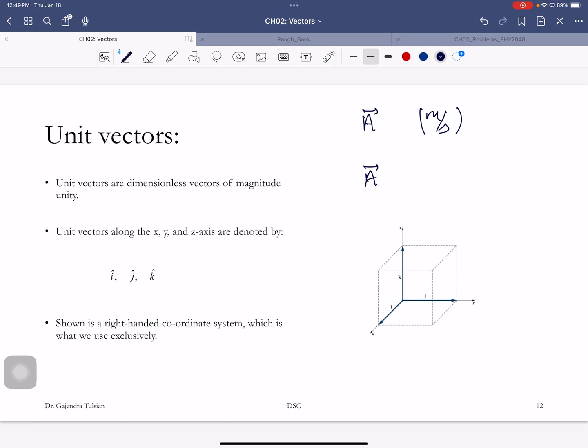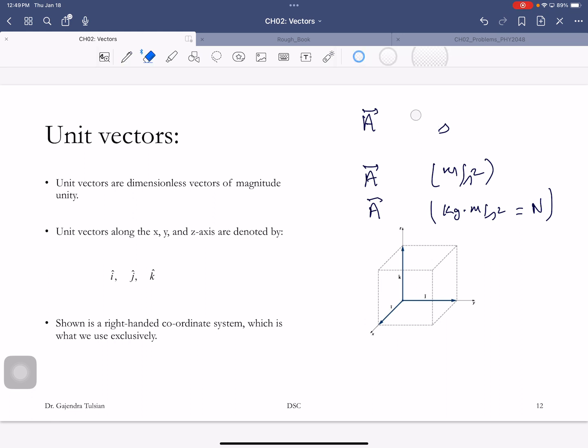If A were an acceleration, the dimensions would be meters over second squared. If A were force, it would be kilograms meters per second squared, which equals newtons. Depending on the physical quantity being represented, its dimensions and units will be different.